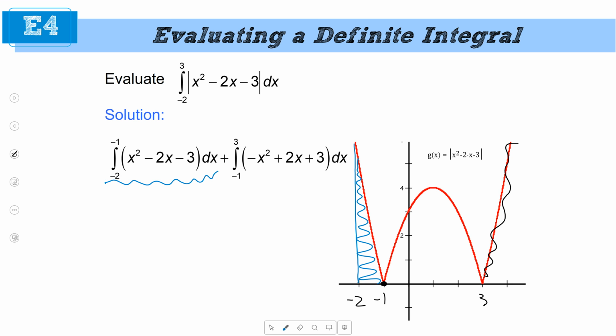Now notice the absolute value bars disappear because it's already above the x-axis. This part, in black, is this thing. But you'll notice it looks a little bit different. The reason it looks different is because I had to put a minus sign in there to flip it over the x-axis to get it up on top.